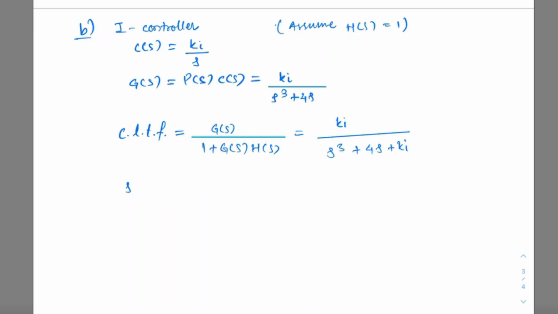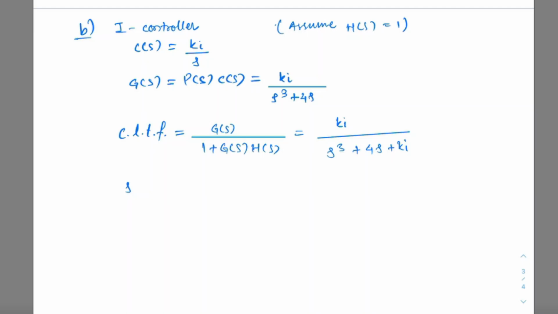So if we were to draw a region denoting Kp and Kd, Kp should be greater than say minus 4 on this side, and Kd should be greater than 0.